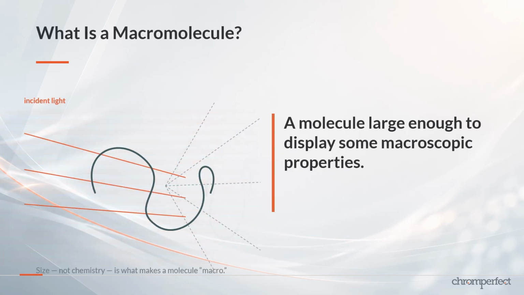The boundary between an ordinary molecule and a macromolecule is not exact. A molecule may be considered a macromolecule when it is sufficiently large to display properties that begin to resemble those of macroscopic material. Under suitable conditions, for example, macromolecules can scatter enough light to become visible using specialized optical techniques.